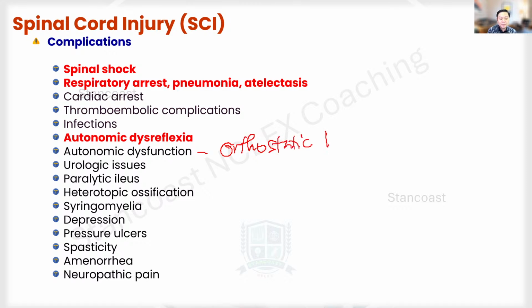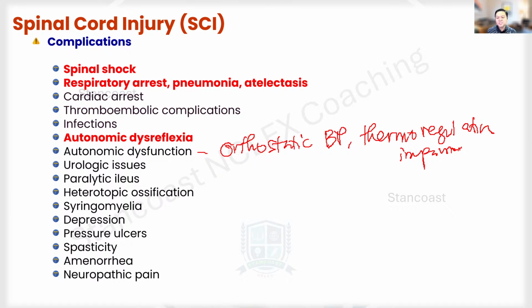Drop in the blood pressure when they are standing, if they are still able to stand. They will have difficulty in maintaining temperature. Thermoregulation impairment. That's another one. And again, this is caused by the dysfunction of the autonomic nerve pathways.